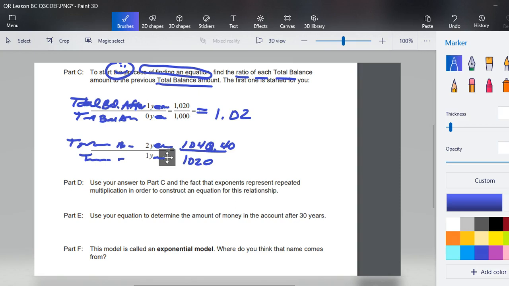So I'm going to plug in $1,040.40 and divide it by $1,020, and we get the same ratio. If we were to continue this for the rest of the chart that we created, we would find that there is a common ratio of 1.02.